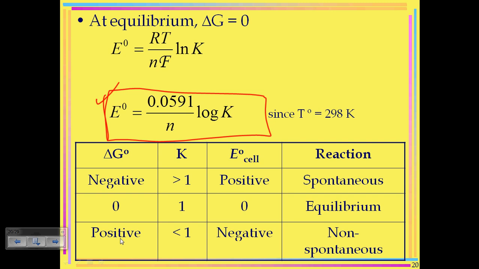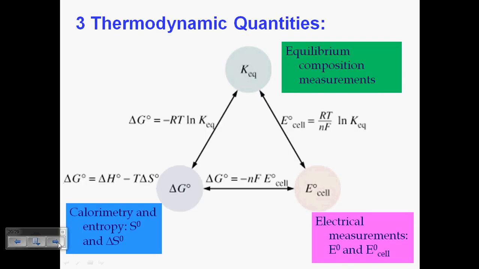And for non-spontaneous reaction, delta G0 is positive, K is less than 1, and E0 cell is negative. And this is a very important slide which connects K, delta G0, and E0, the important quantities in chemistry, to each other. The relationship between delta G0 and K is delta G0 is negative RT natural log of K. So you can convert between delta G0 and K using this equation.